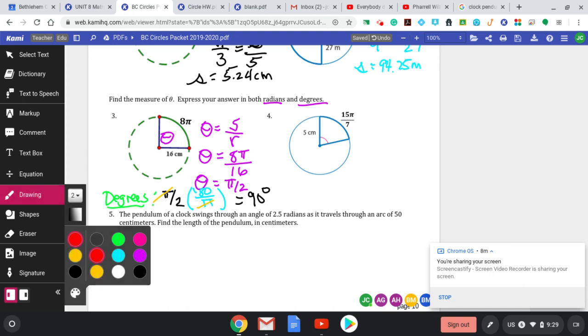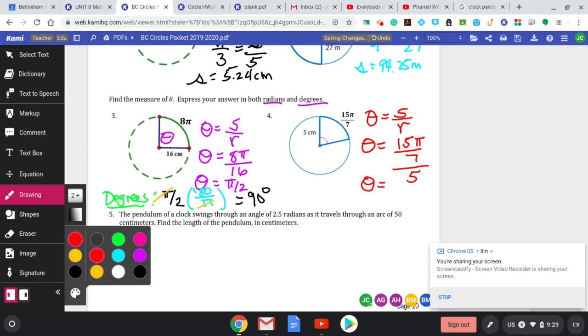All right, so we're going to solve. I'm going to start with theta equals S over R. So we're going to find the angle in radians. So theta equals 15 pi over 7 divided by radius length is 5. Okay, it's a little crazy to look at. You got a fraction divided by a fraction. You always want to remember, since we're going to find the answer in radians, you want to keep pi in your answer.